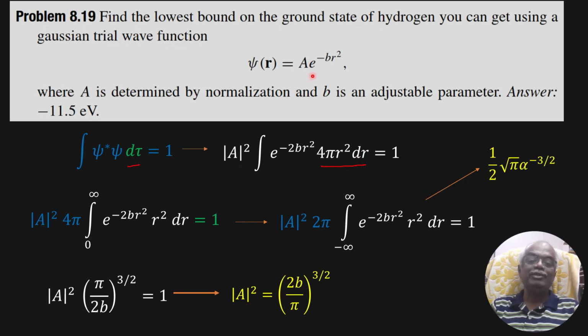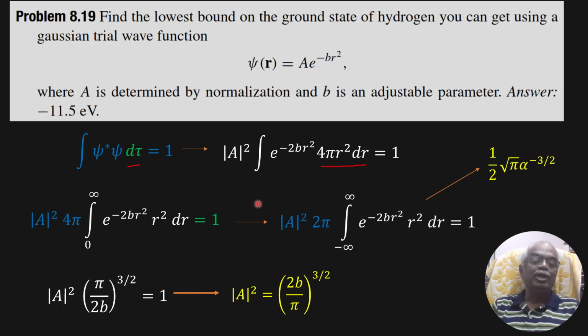The given wave function is A e to the power minus b r squared. If you square it, you take modulus A squared outside the integral, with e to the power minus 2b r squared, and this must be equal to 1.